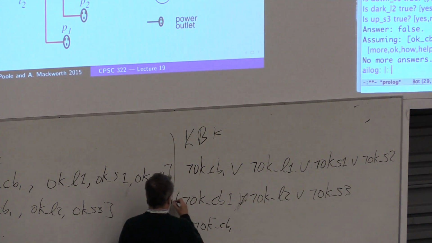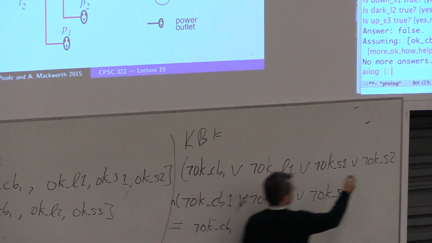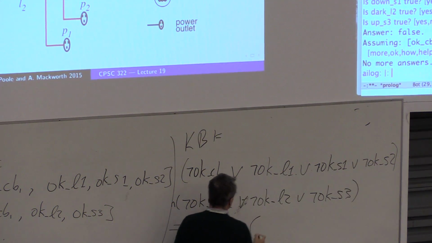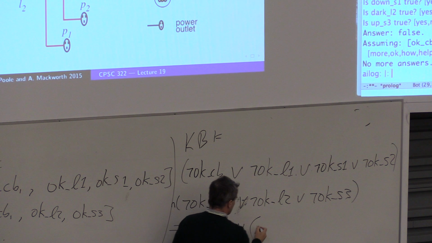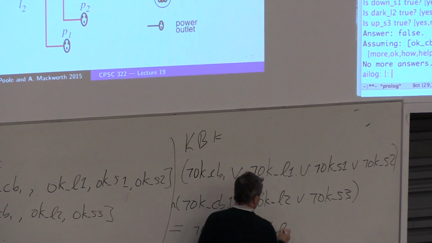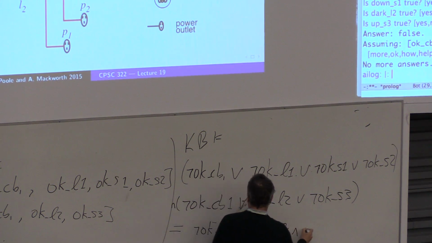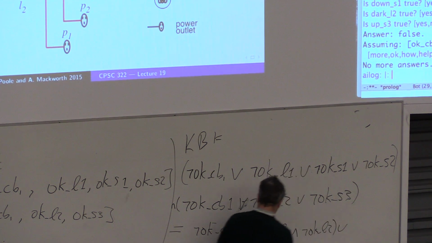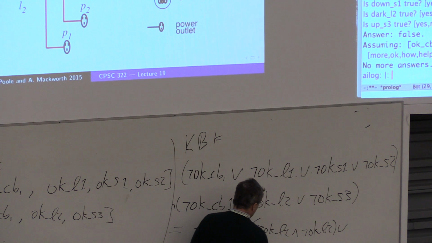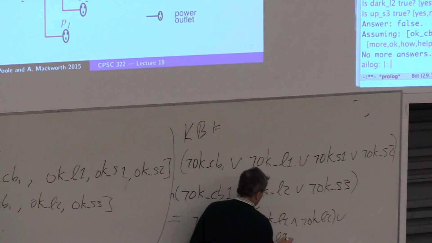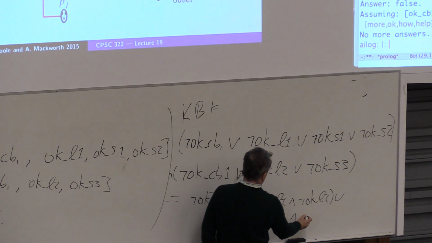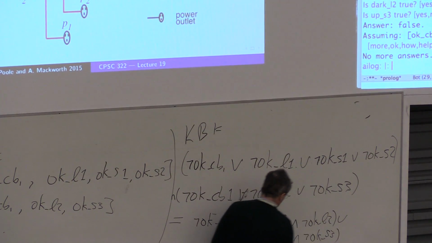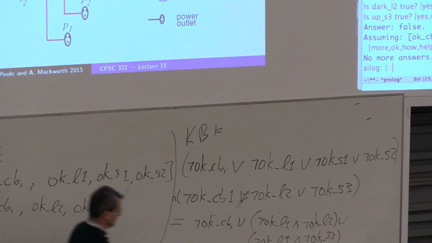So we have both of these true, right? Or there's a whole lot of double errors. There's not okay L1 and not okay L2, or not okay L1 and not okay S3. There's a few more down there.